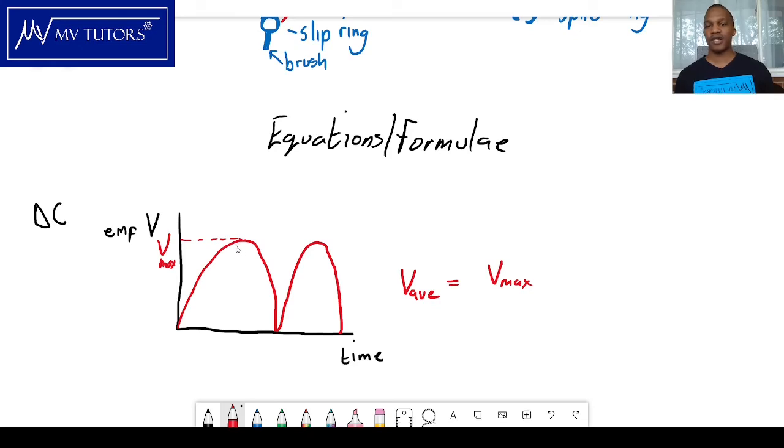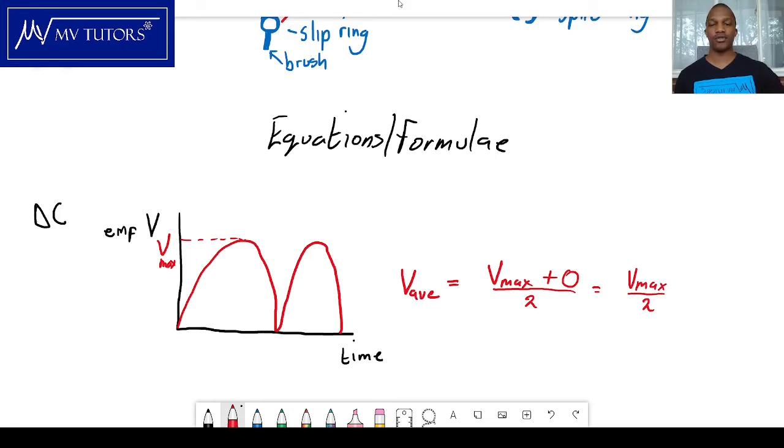Here, take the maximum and the minimum. The maximum plus the minimum 0 gives Vmax, and dividing by 2 gives the average. So V average is just Vmax divided by 2. That's all you need to know about the DC generator for calculating your average voltage.